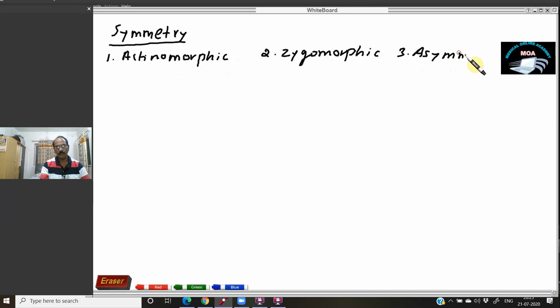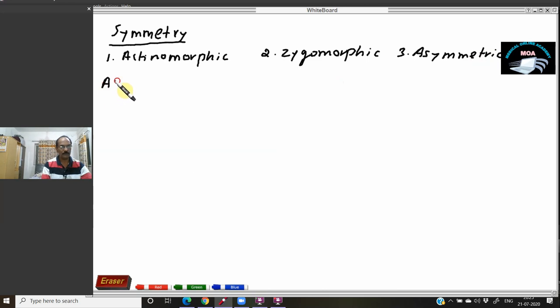So there are three types of flowers: actinomorphic flower, zygomorphic flower, and asymmetrical flower. Let us take the first one, the actinomorphic flower.